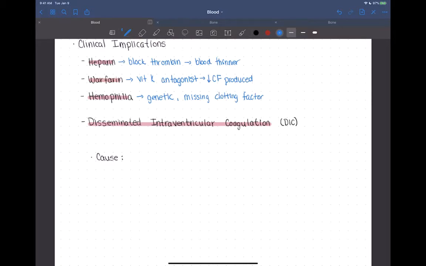All right, so our last little topic here is disseminated intravascular coagulation, or DIC. DIC is very rare, but it's interesting to talk about. It is systemic activation of coagulation, so clotting. If there's one thing I want you to take from A&P 2, you're going to understand what systemic means when you see it.